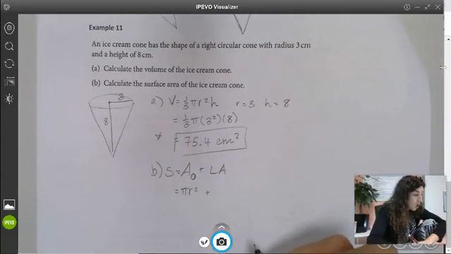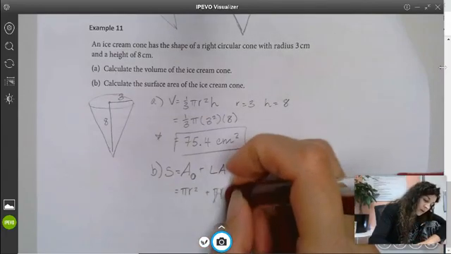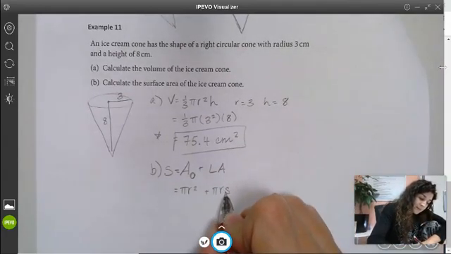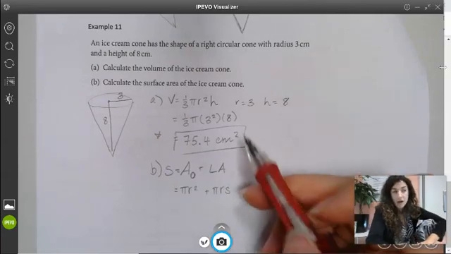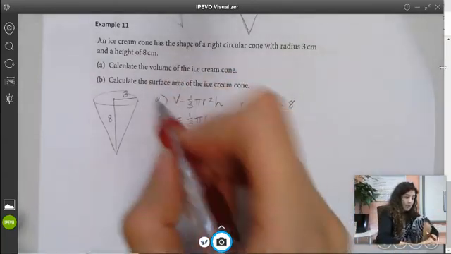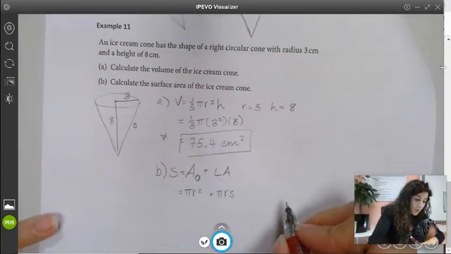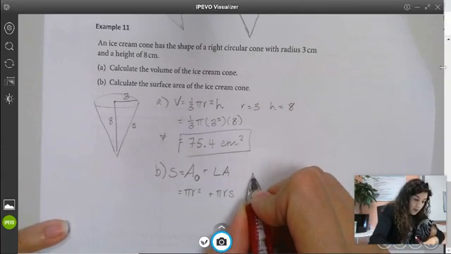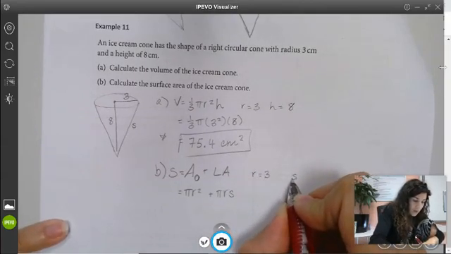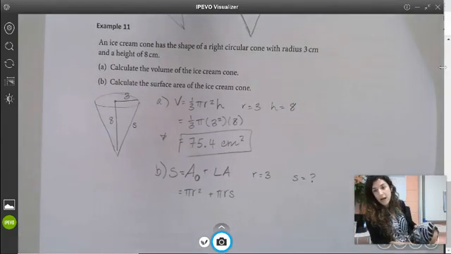The lateral surface area we can also find in our formula packet. It is pi r s. In your formula packet, it describes s as being the diagonal height, the lateral height. So we have the radius, it is 3. We do not have s. We need to solve for s.